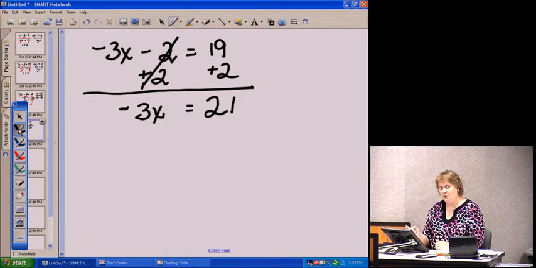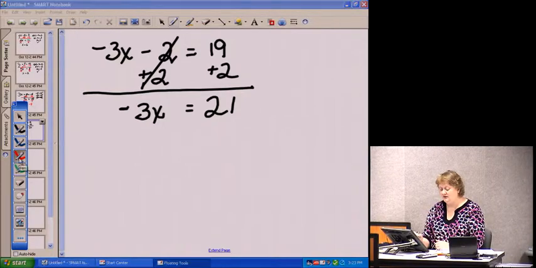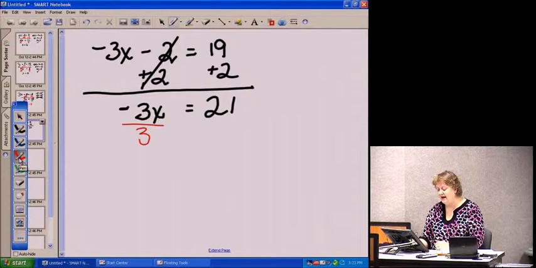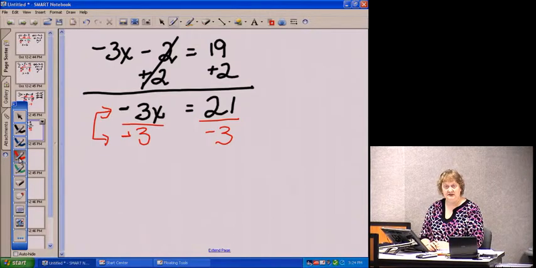Next step, we want to divide by whatever's with the x. Notice when we do that, we don't divide by a positive, we want to divide by a negative 3 because it's a negative 3 that's with the x. And what we do to one side, we always do to the other. It has to be the exact same number here and here because we want those numbers to be exactly the same, because a number divided by itself equals 1.